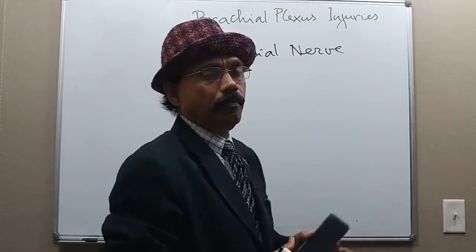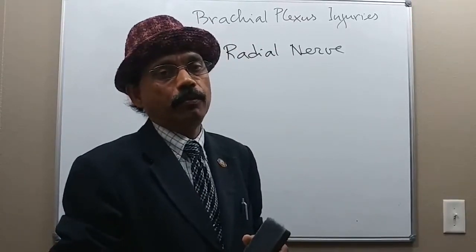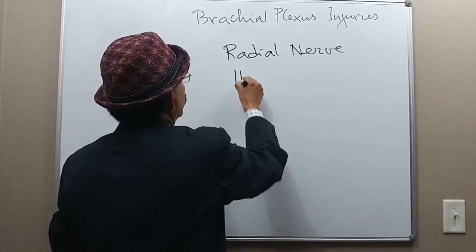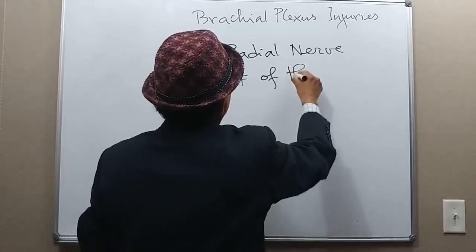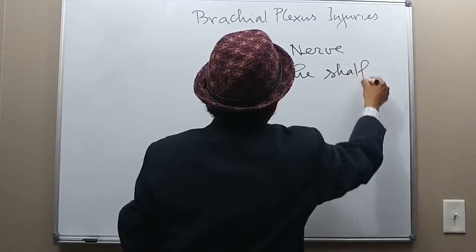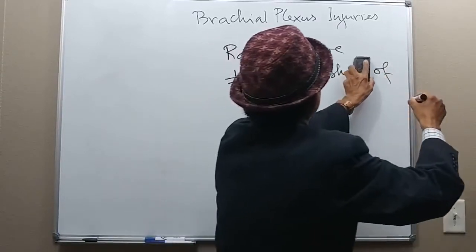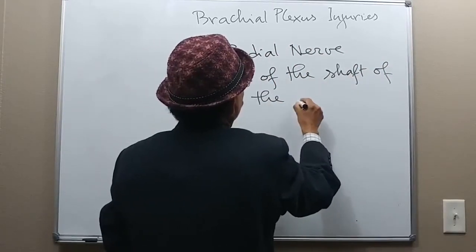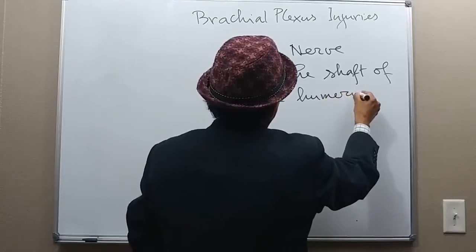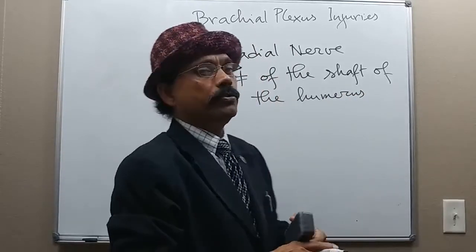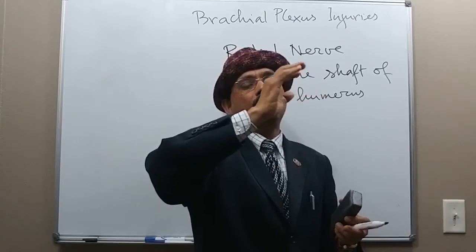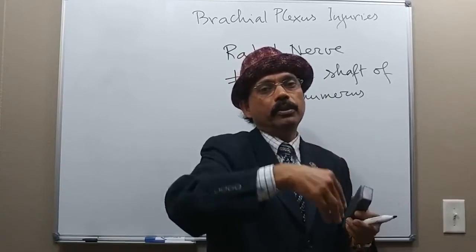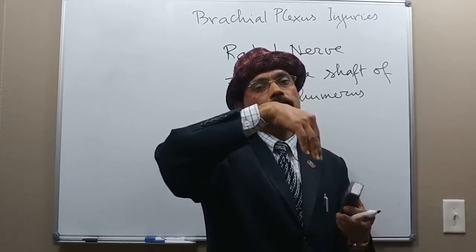So radial nerve may be involved in case of fracture of the shaft of the humerus. Okay, what will happen? With radial nerve injury, the person is unable to extend the wrist joint. The person who has radial nerve injury will develop wrist drop.